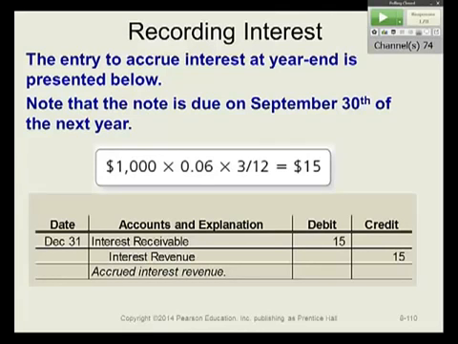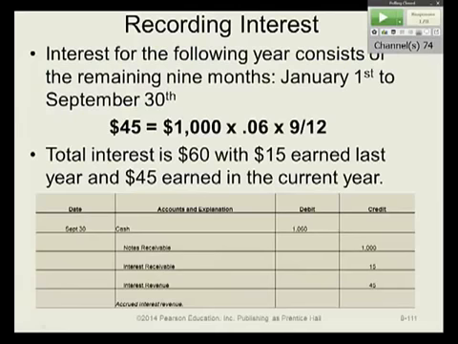Now, finally, the last part of this is the entry that you need to make, and I don't know why this came out so small, but I'll tell you what's there. The entry to collect, I'm going to put this on the screen for you. When you collect the interest and the note, the maturity value of that note is $1,060.